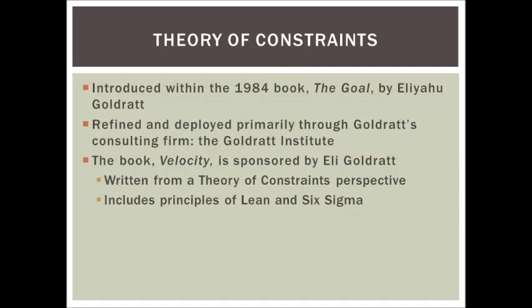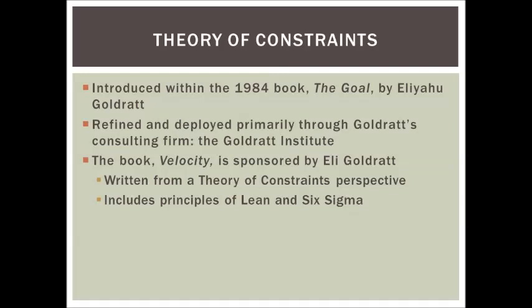As you can see here in this historical perspective, Lean grew up with Toyota, Six Sigma grew up with Motorola and General Electric, and then the theory of constraints with this book, The Goal. But these ideas were being developed around the same time.